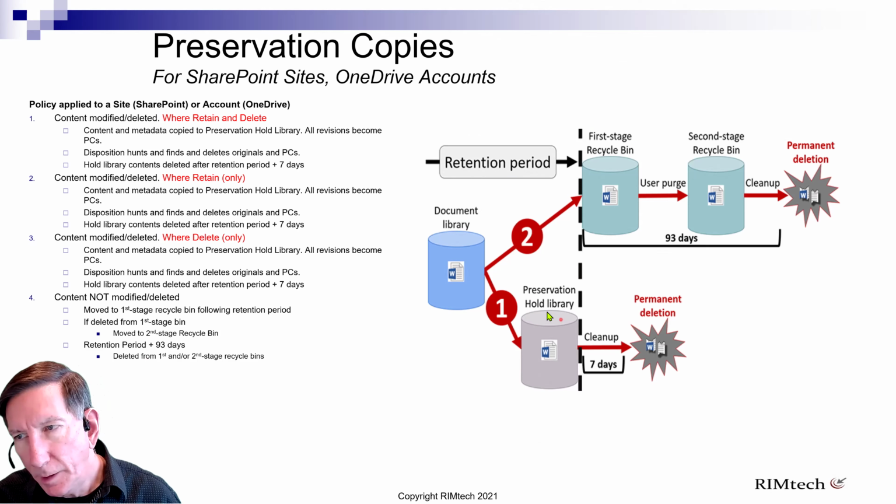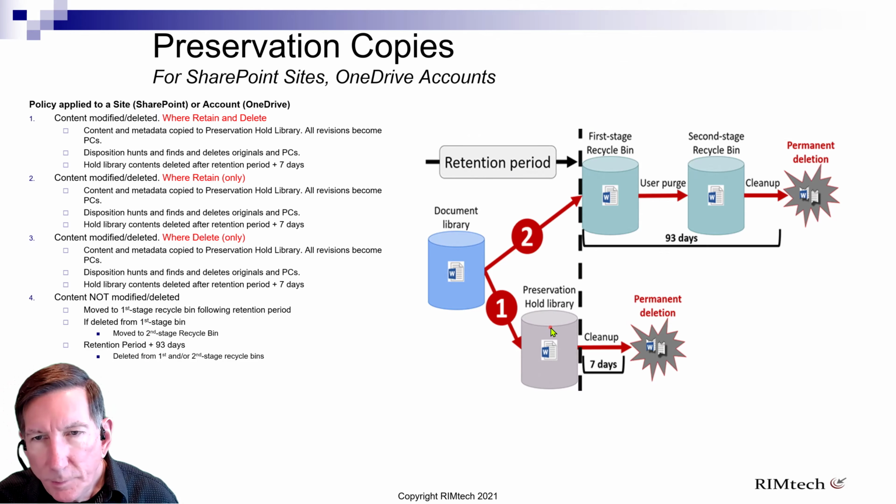So there's a copy sitting here. Now, what happens to that copy? Well, after the expiration or the end of the retention period, then it goes to this first stage recycle bin and then to the second one, and then it finally gets deleted. So there's a 93-day delay after the expiration of the official retention period.